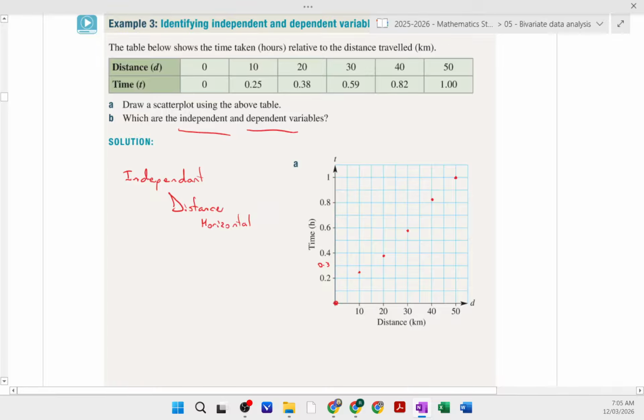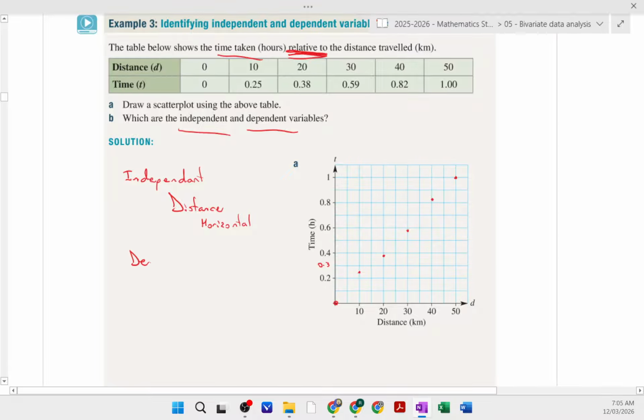The reason that this one is the independent in this particular case is because we're looking at the time taken relative to. So the question is actually telling us which one is the independent. We're given a distance, and we're working out how long it took to get there.